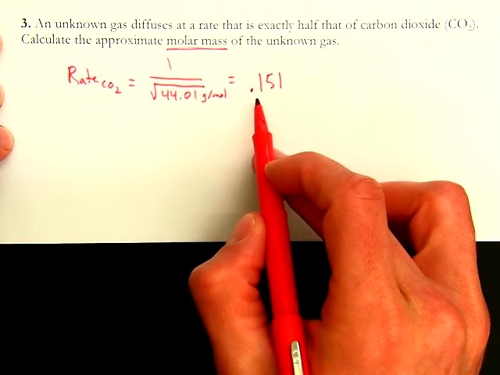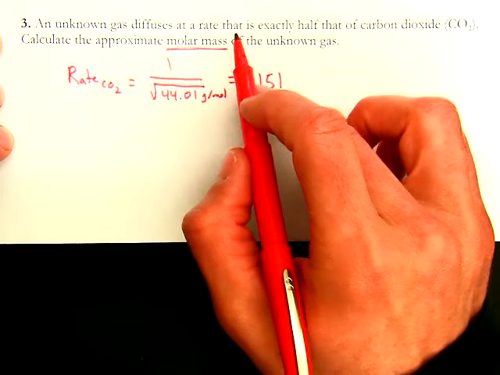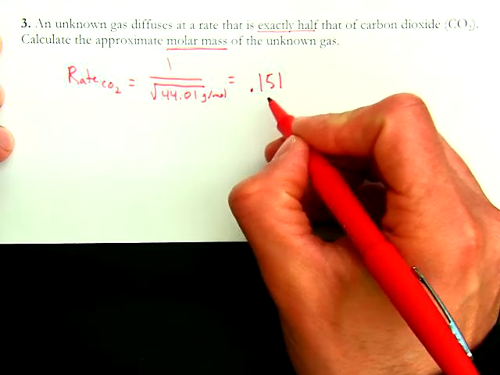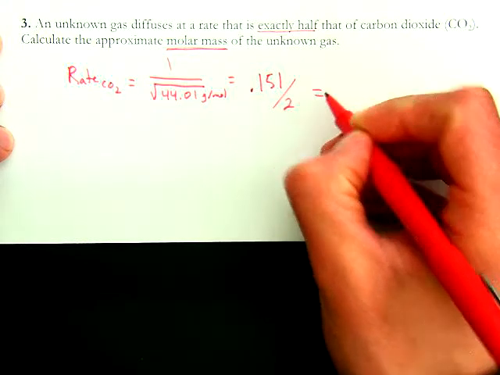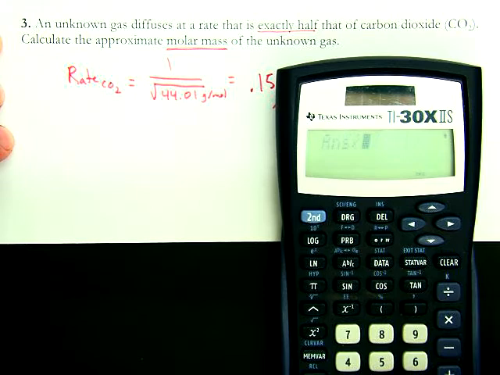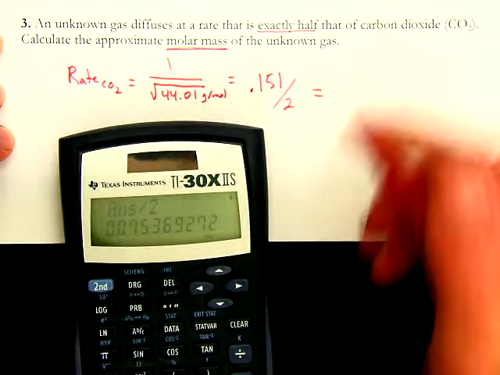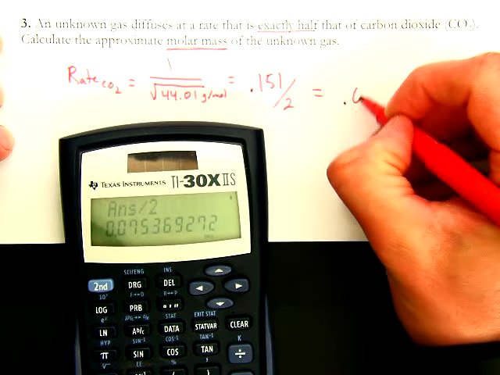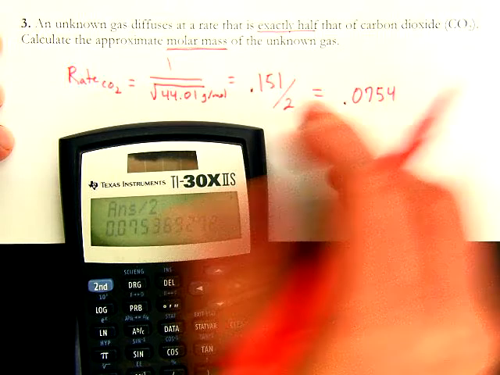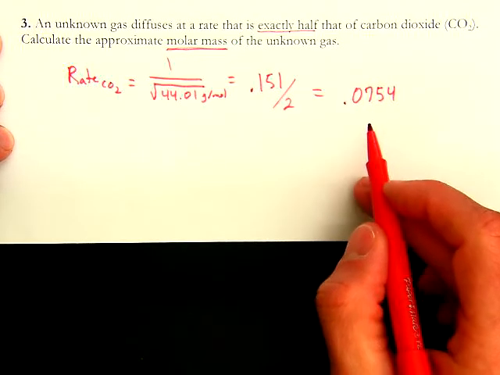Now the question says that the unknown gas diffuses at a rate that is exactly half of that. So if we take this number and we divide it by 2, we'll get the rate of the unknown gas. Right? So I'm just going to take this divided by 2, and we get about 0.0754 approximately. So that's the rate of the unknown.